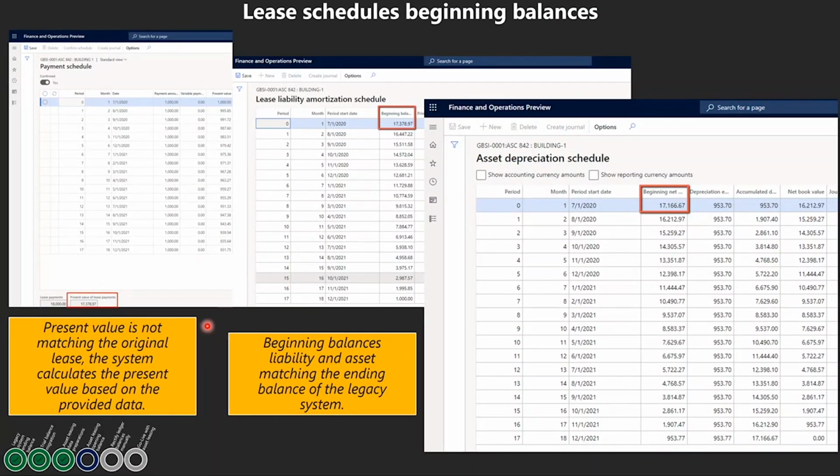As a reminder, the present value is not matching the original lease; if you enter the same information of the original lease in asset leasing, it will not give the same present value, as this is treated as a new lease. Also, we have the beginning balance of the liability and asset, and both are matching the ending balance of the legacy system.